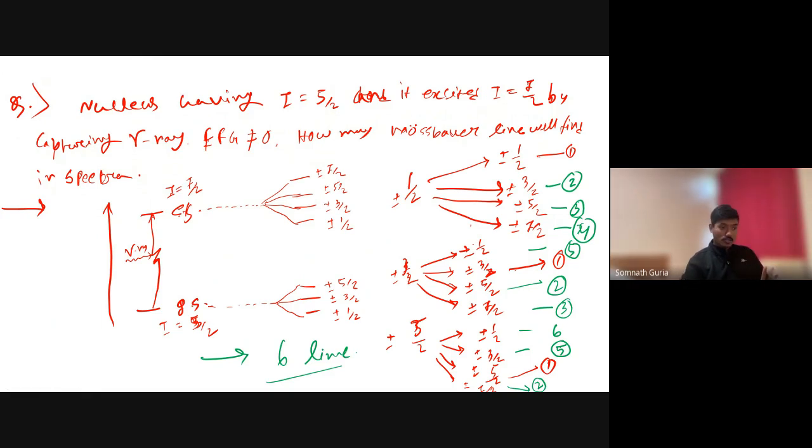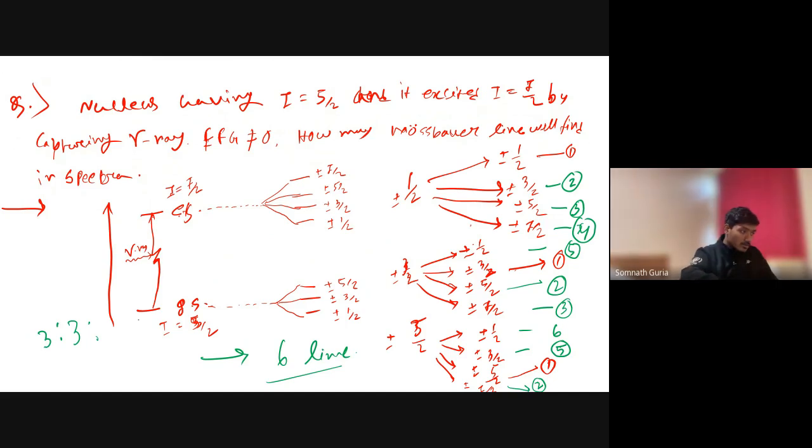And the ratio will be different. Okay, so what will be the ratio? First of all, 1 is a 3. We'll have another 2 to 2. 3 is to 3. Then number 3 transition, how many? 2.